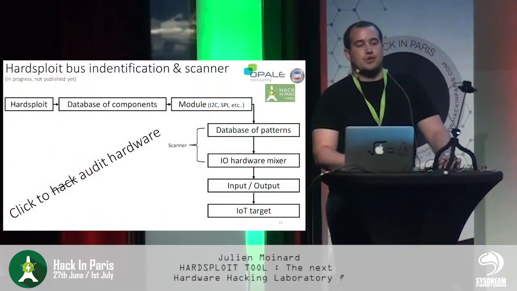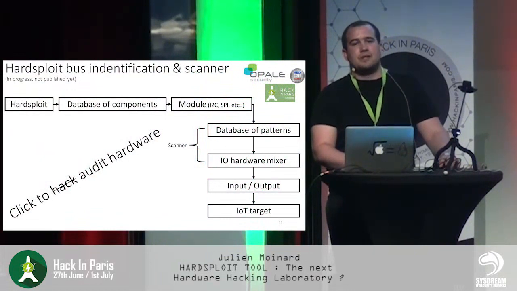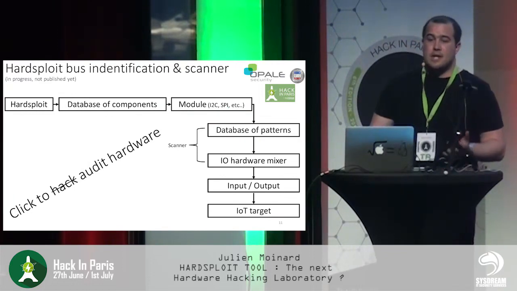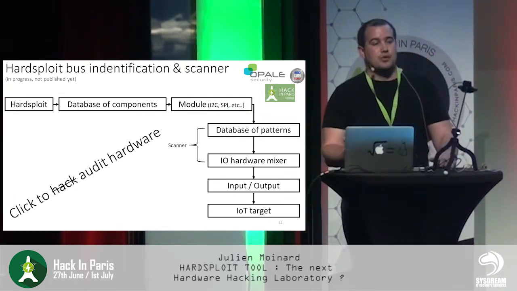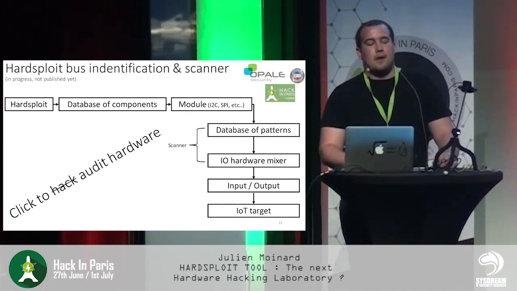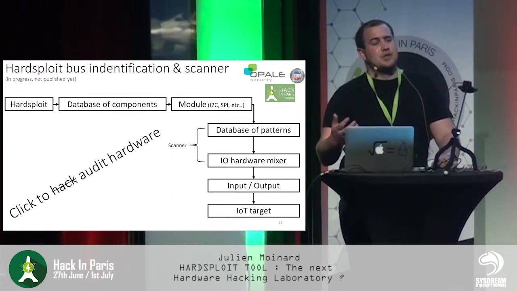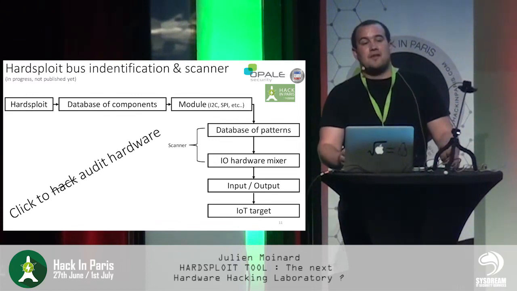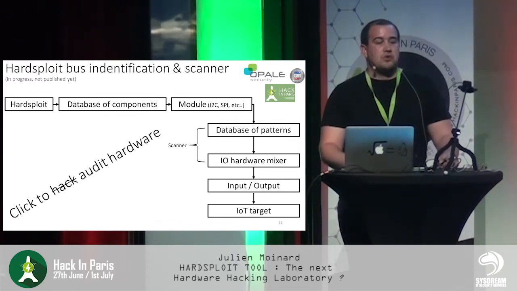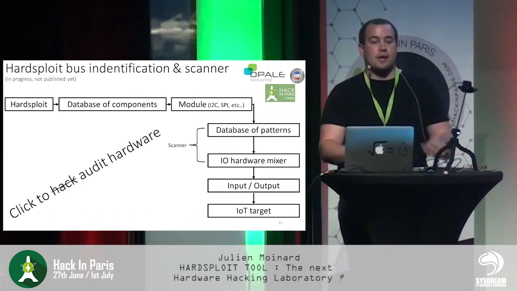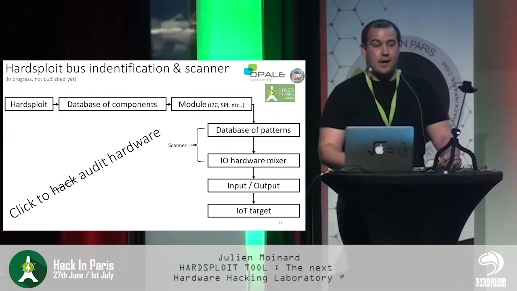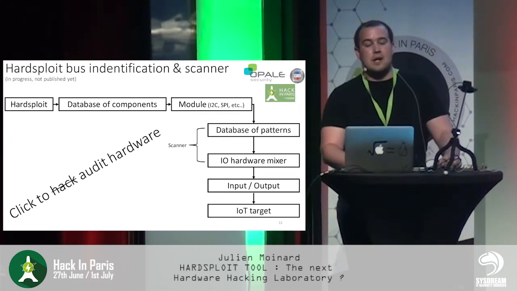I want to add some features to HARDSPLOIT. For example, bus identification. It's not an easy task because it depends on your buses. But for example, for JTAG or SWD in an ARM processor, you can send some data to obtain a response. And if you don't have any response, you can say, oh, it's not a good wiring. You can change the wiring and try again and try again. And after that, you can obtain access.